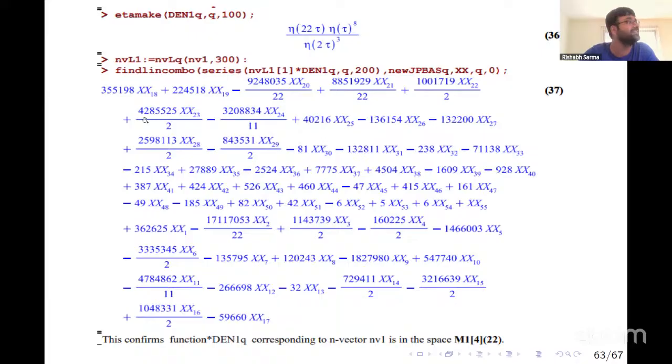One of the functions there is findlincombo, which lets us express these elements. We convert the crank sum times the eta product into a series, and findlincombo helps us express this first input in terms of the basis elements that lie in this particular set, and we get the following identity. And of course, we refine this identity later to get a nicer one.